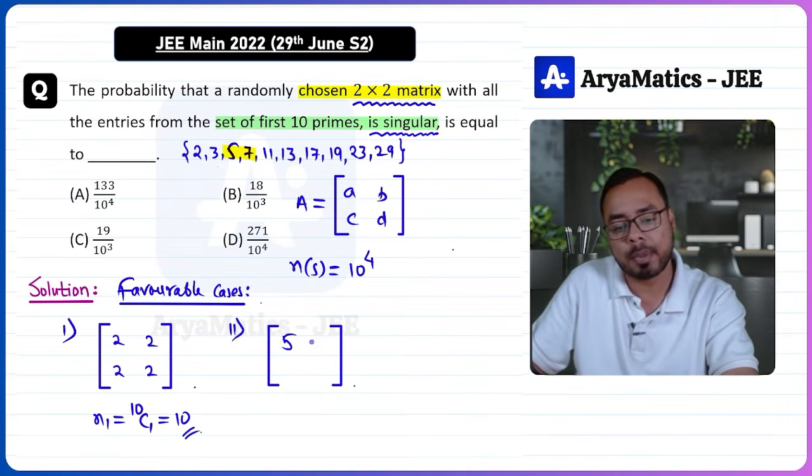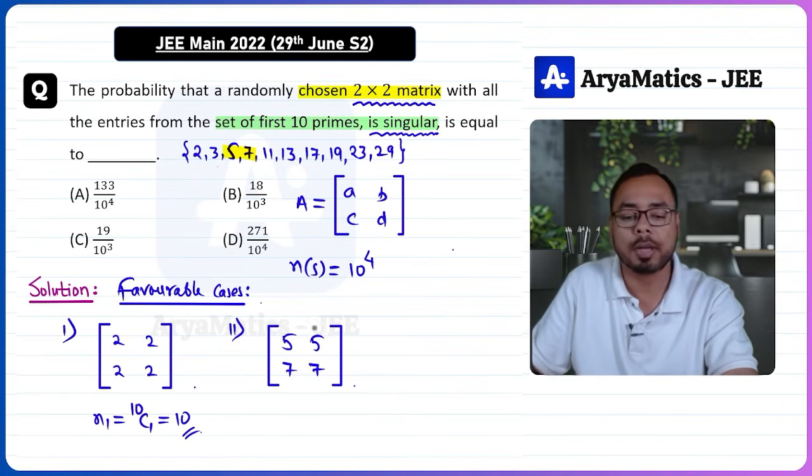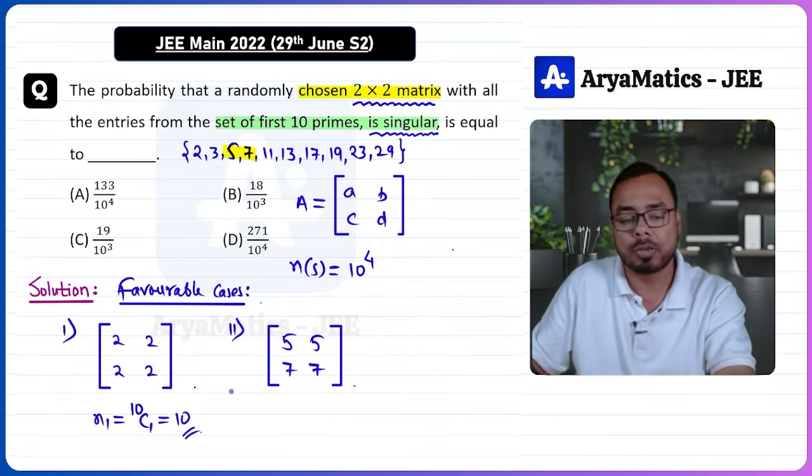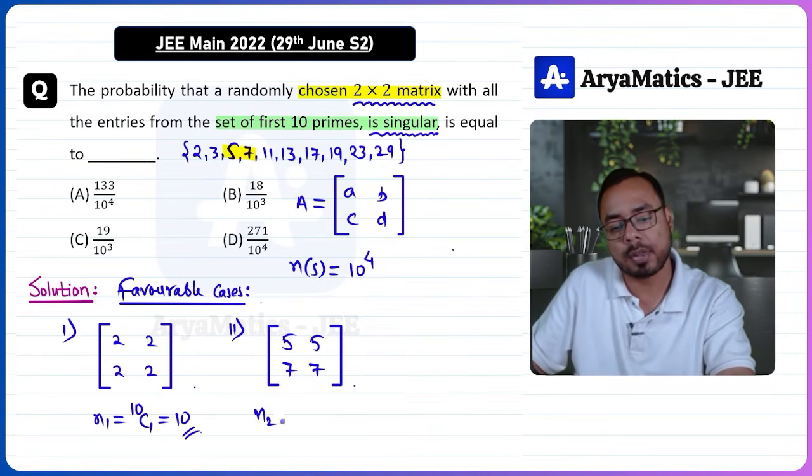So you can keep 5 in first row and 7 in second row. Now again, the determinant of this matrix will be 0, right? If I want, I can keep 5 in first column and 7 in second column, still the determinant will be 0. So let us say N2 is these type of matrices where we are using any 2 of these 10 elements. Now, how many such matrices are there?